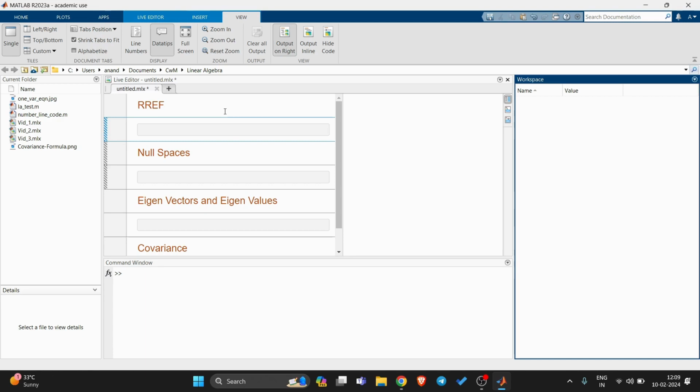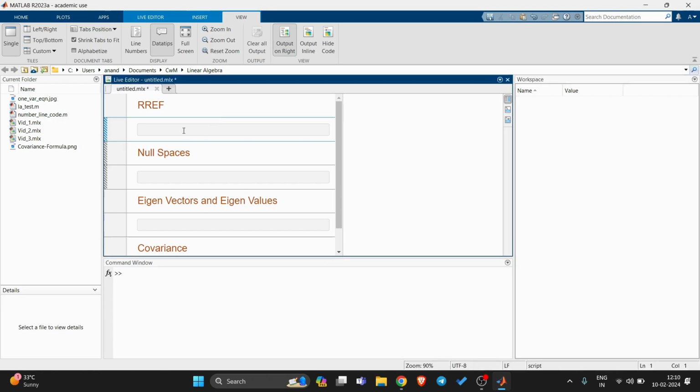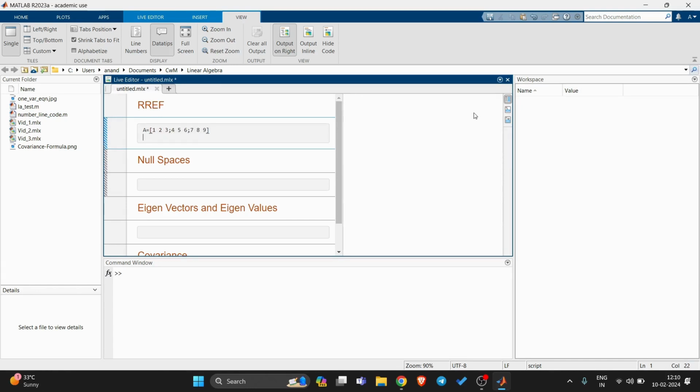So suppose I have A equal to [1, 2, 3; 4, 5, 6; 7, 8, 9], and I find rref of A using the function rref.